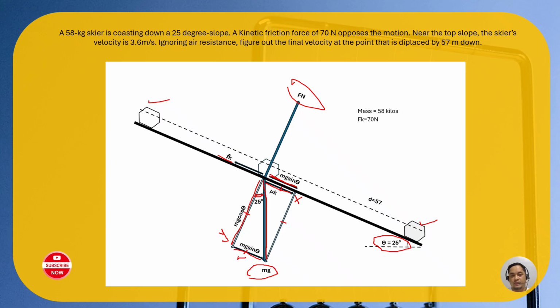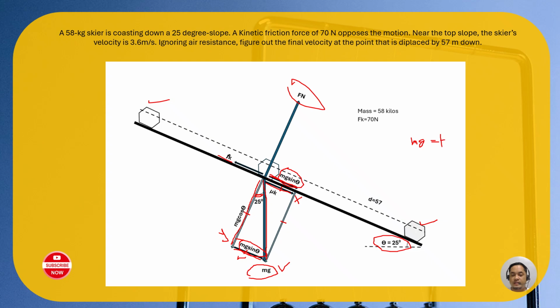That's why I put it here, mg sine theta. It's equal to this vector here, the x component of the weight vector. Okay, and always remember, mg is mass times gravity, which is equivalent to the normal force, or Fn.